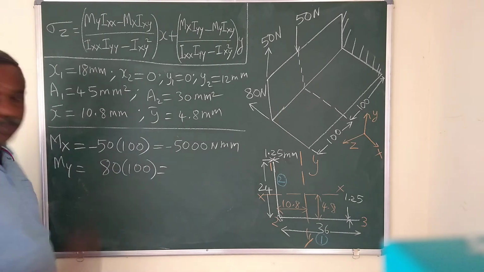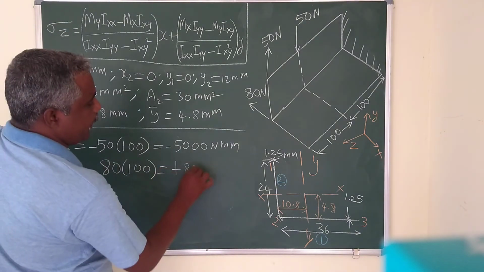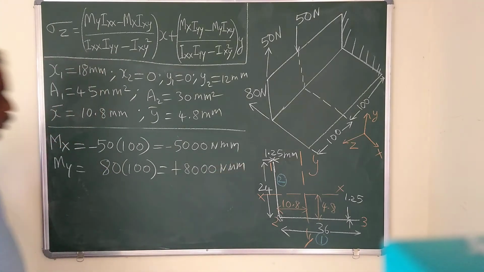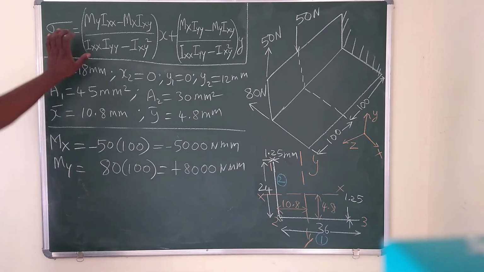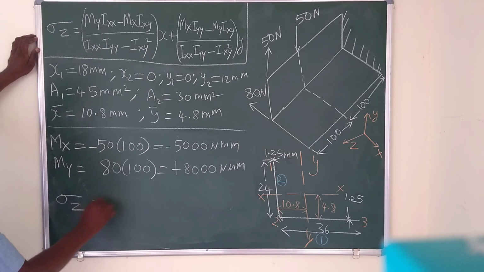So it is positive. 8,000, it's nothing but 8,000 Newton millimeter. So now mx is available, my is available. We have calculated already Ixx, Iyy and also Ixy. Substitute in the above expression.